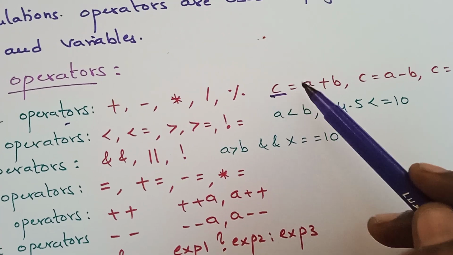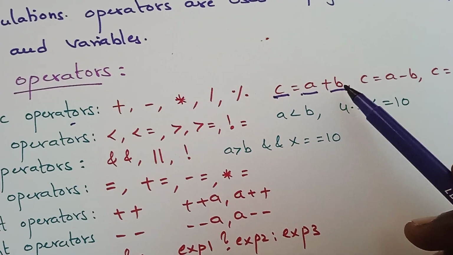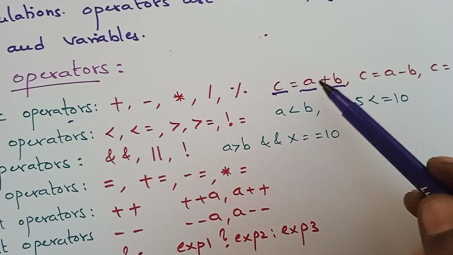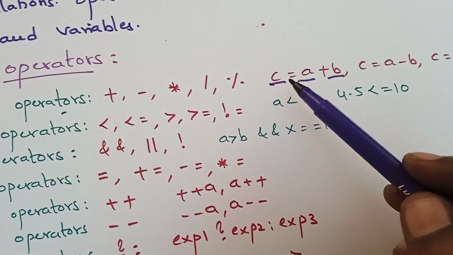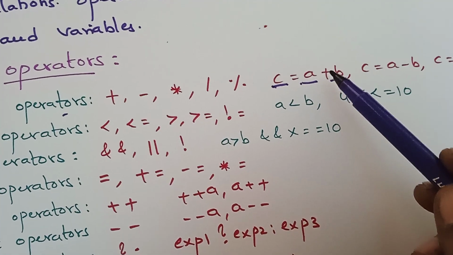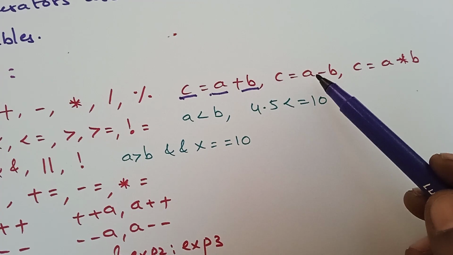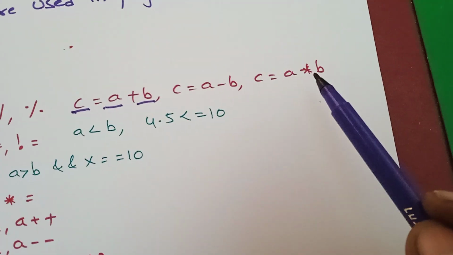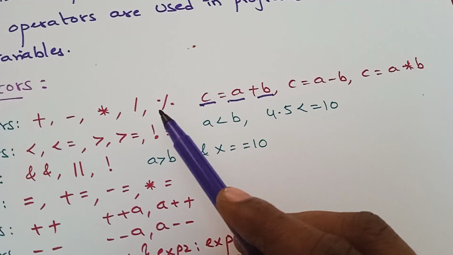Right? So here these three are variables and these variables will have some value. The values get added and the result will be assigned to c. So here the plus is an arithmetic operator. Likewise, we can write a minus b, a asterisk b, a slash b, a modulus b.